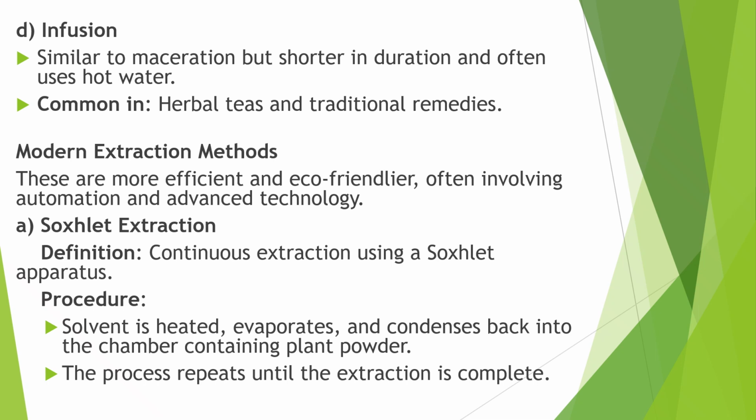So it starts with the Soxhlet extraction. It's a very common and popular extraction method, even in different courses of pharmacy, or where extraction of natural compounds is there. In such courses, the extraction process by using Soxhlet apparatus is mentioned. So it's a very useful term.